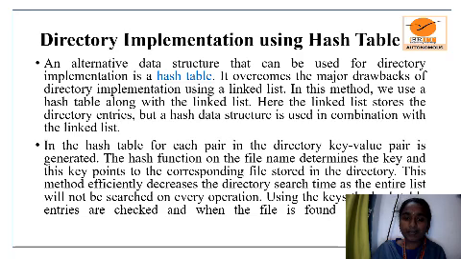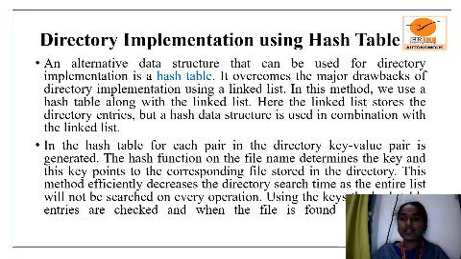Now, directory implementation using hash table. An alternate data structure that can be used for directory implementation is a hash table. It overcomes the major drawbacks of directory implementation using a linked list. In this method, we use a hash table along with the linked list.